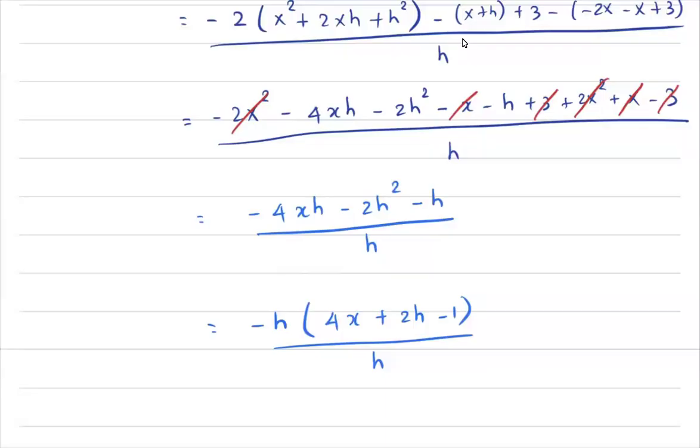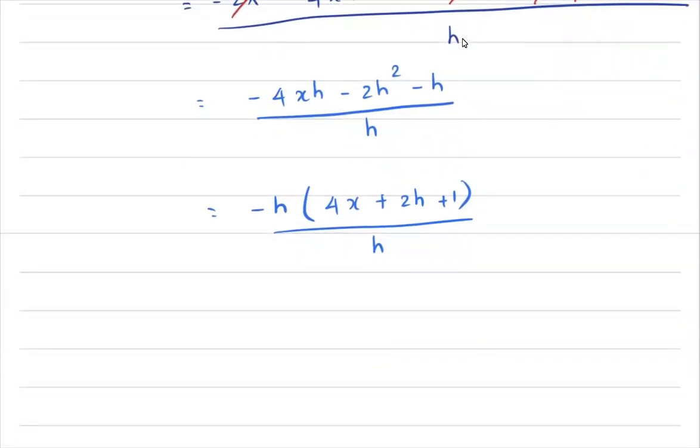I just factored the negative h from the numerator, and that left me with 4x plus 2h plus 1, because I factored the negative h. If you don't want to factor the negative h, that's okay. You can just factor the h, and then you will have negative 4x minus 2h minus 1 within the parentheses.